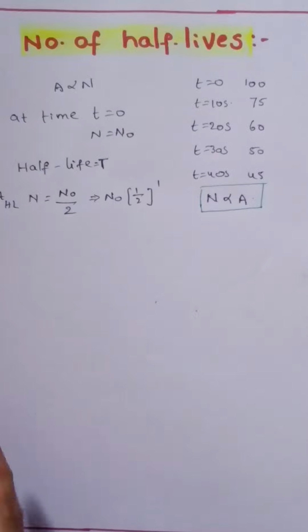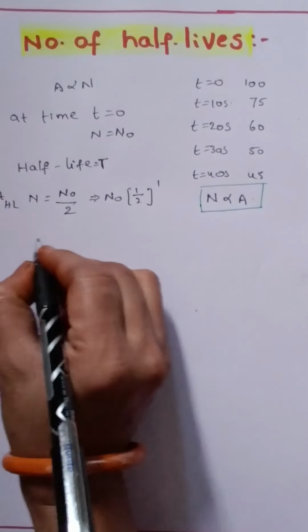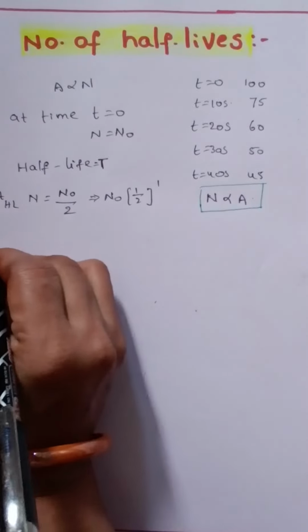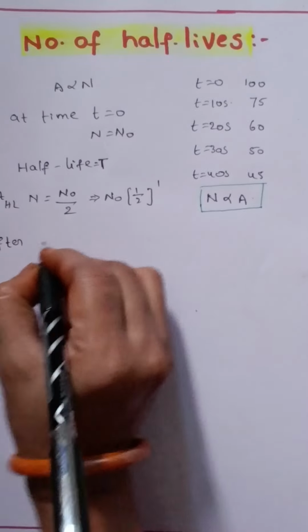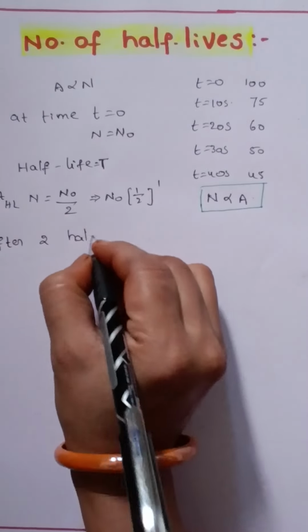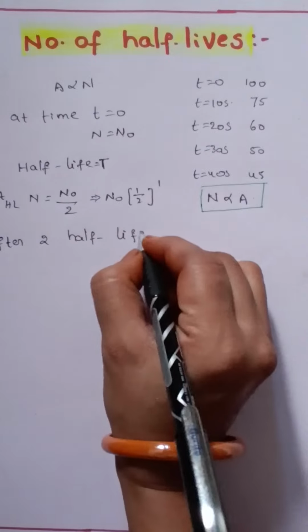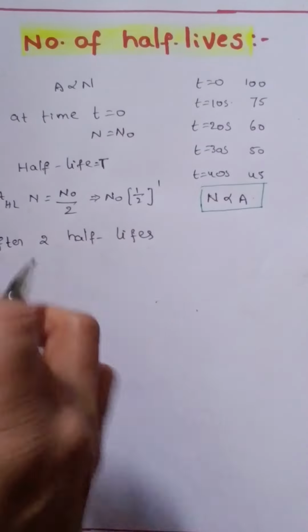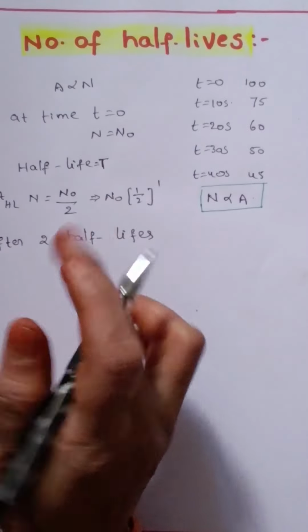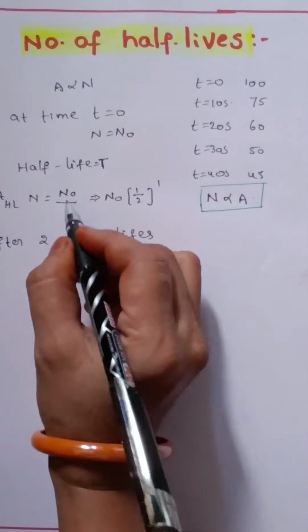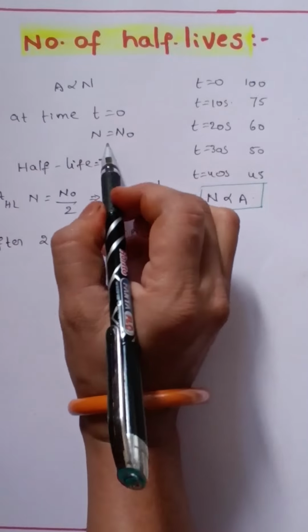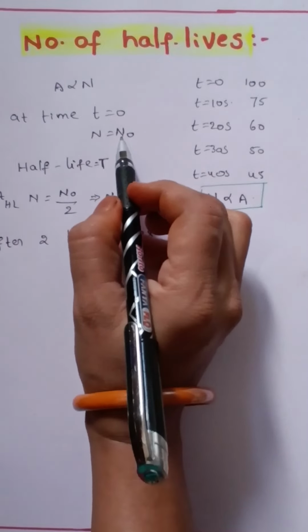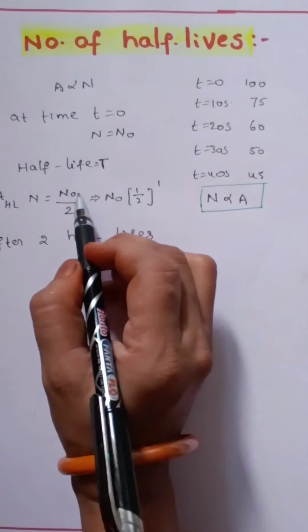After two half-lives: first half-life, half of its quantity, N naught by 2.